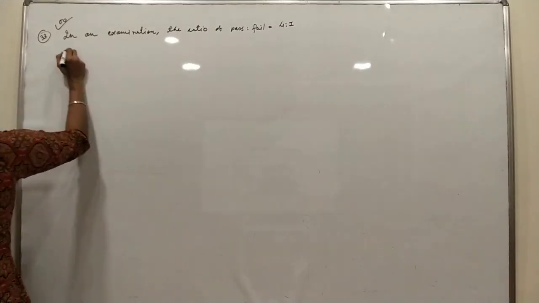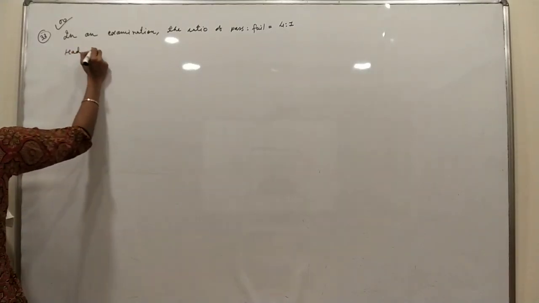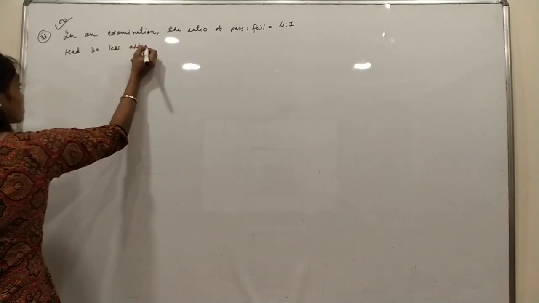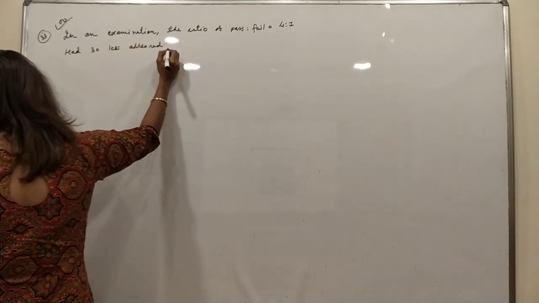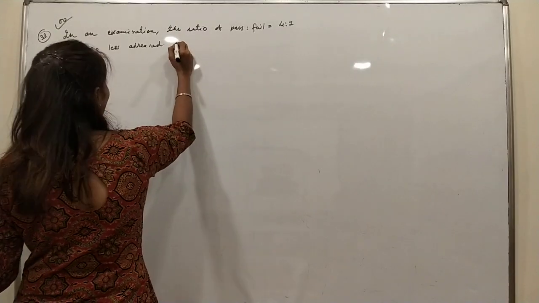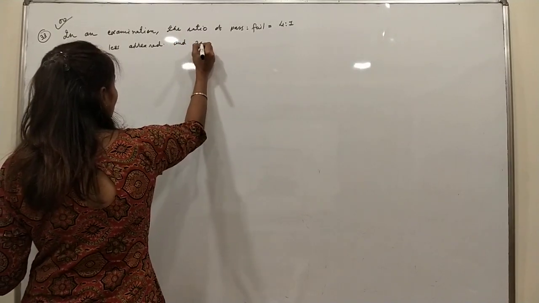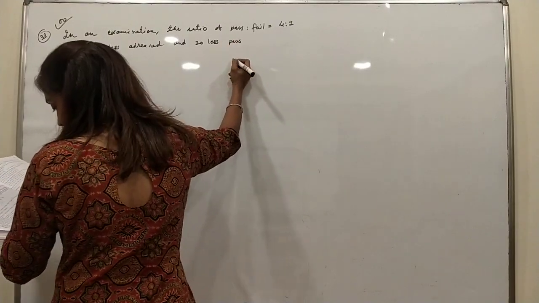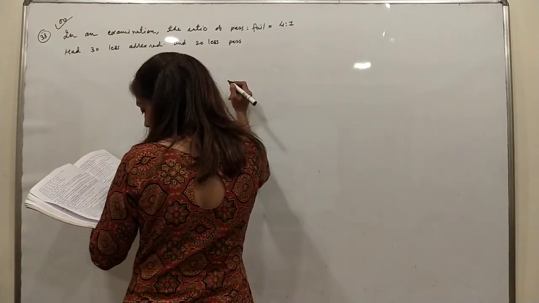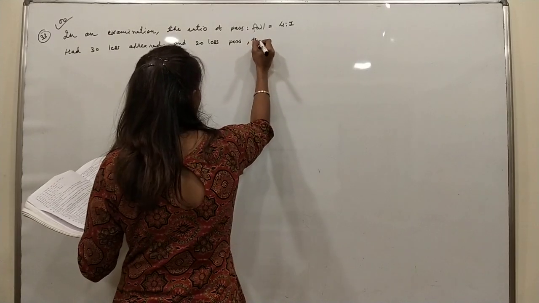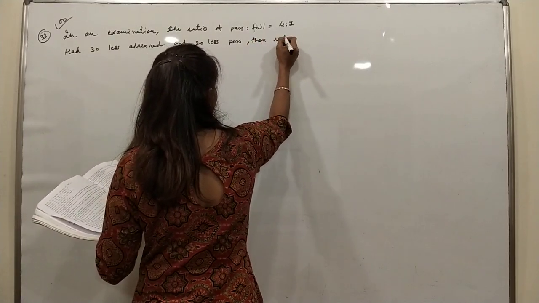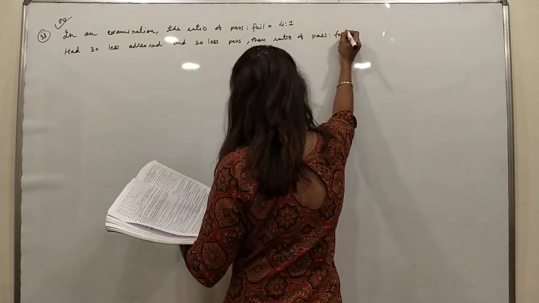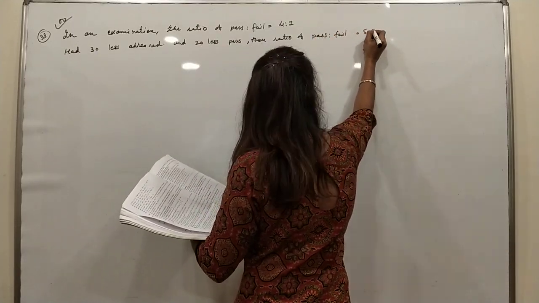Had 30 less appeared, and 20 less pass, then the ratio of passes to fail is 5:1.